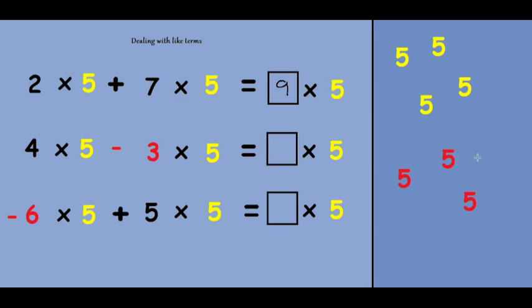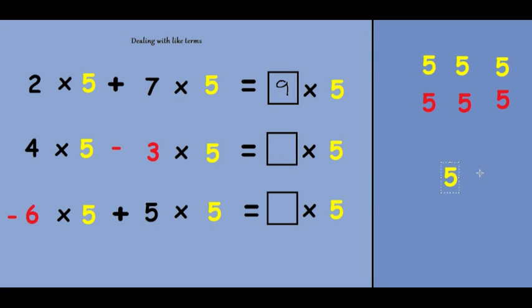Now to work out how many 5s I'll have left over, what I'm going to do is pair one positive 5 with one negative 5. I'll do that for all of them. But I have one of these positive 5s left over who doesn't have a partner.